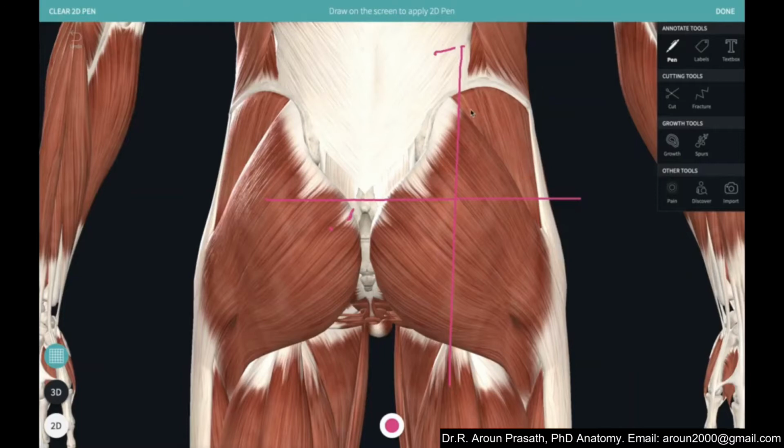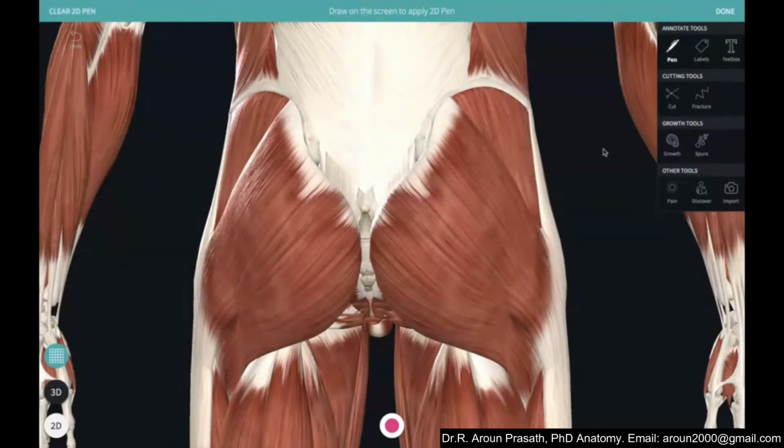You have to select the upper outer quadrant. This is the safe area for you to give intramuscular injection, whether for an adult or a newborn baby. All injections you have to administer in a safe way so that you don't damage any neurovascular structure.